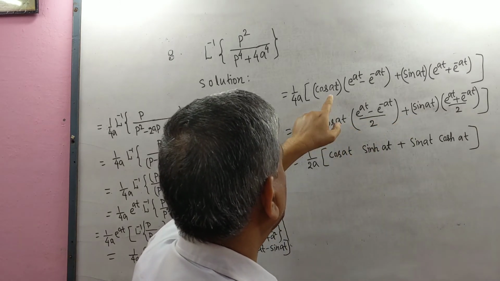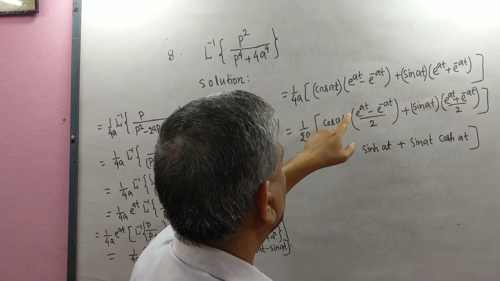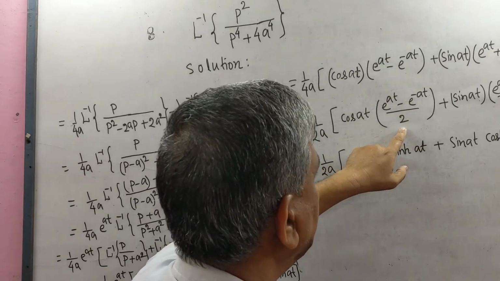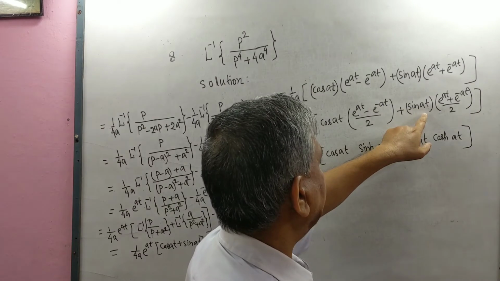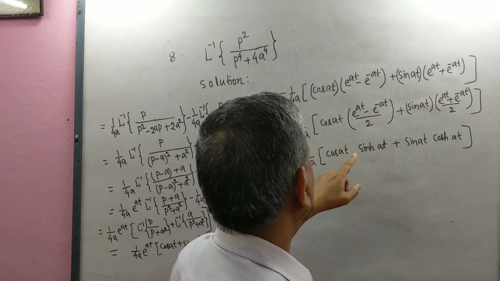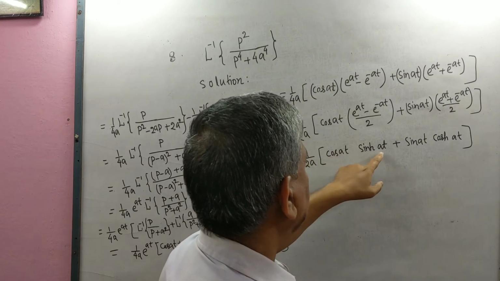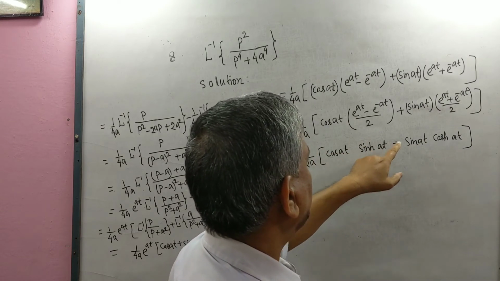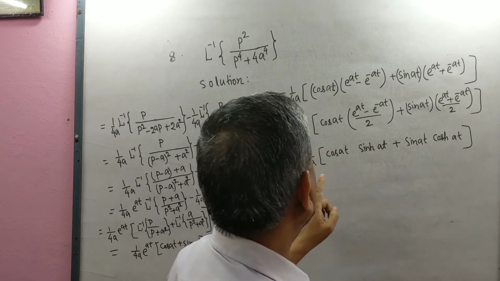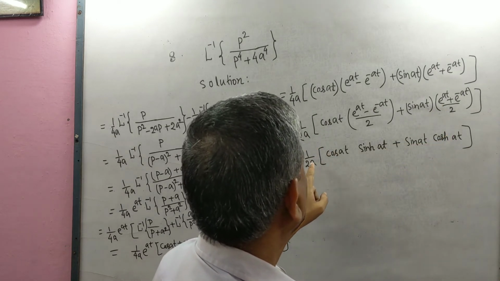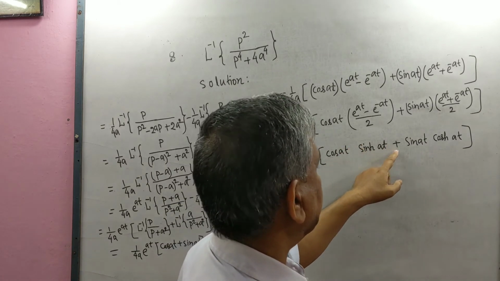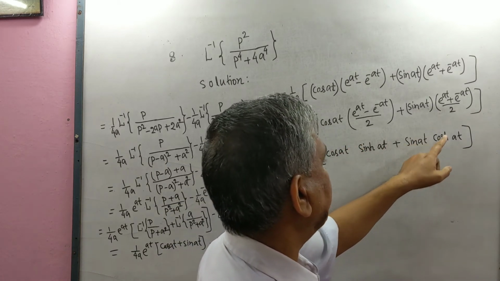So we get cos at times e to the power at minus e to the power minus at by 2, sin at times e to the power at plus e to the power minus at by 2. This is sin hyperbolic at, and this is cos hyperbolic at. So we get the result 1 by 2a, cos at sin hyperbolic at plus sin at cos hyperbolic at.